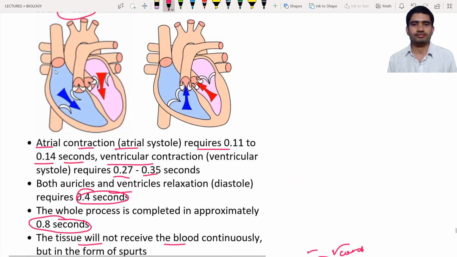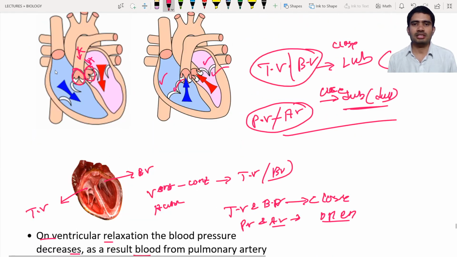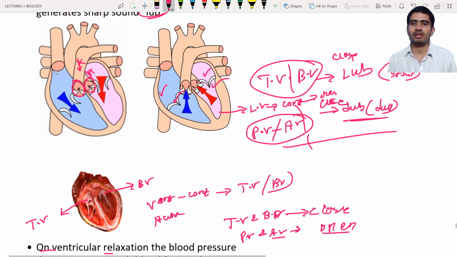Why is the blood supply not continuous to the body or tissue? You can see here, this is the left ventricle. It is going to contract and relax. When the left ventricle contracts, what will happen? The blood will be supplied. When the left ventricle relaxes, what will happen? No supply.